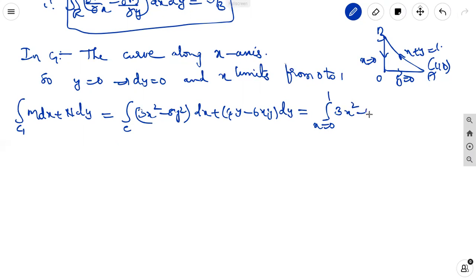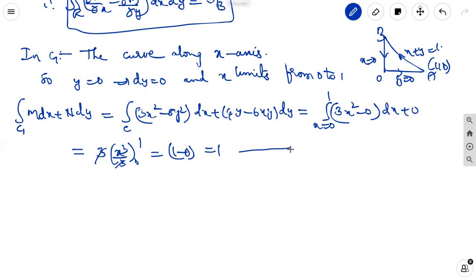First we take the integral over C of (3x square minus 8y square) dx plus (4y minus 6xy) dy. It is equal to the integral from 0 to 1 of 3x square minus 0, dx. 3 is a constant outside. The integral of x square is x cube by 3, limits from 0 to 1. The 3 gets cancelled, 1 minus 0, it is equal to 1. This is equation 1.